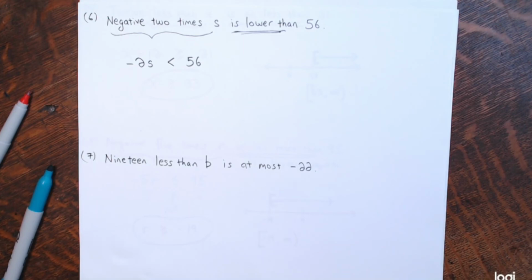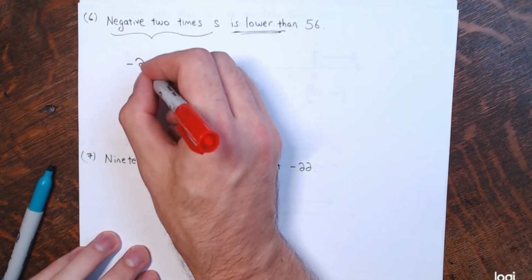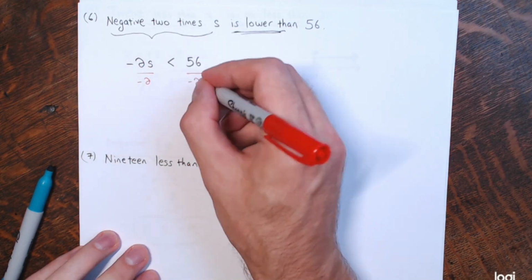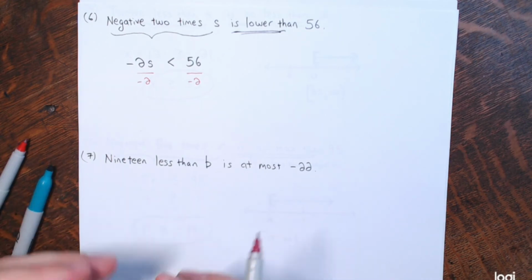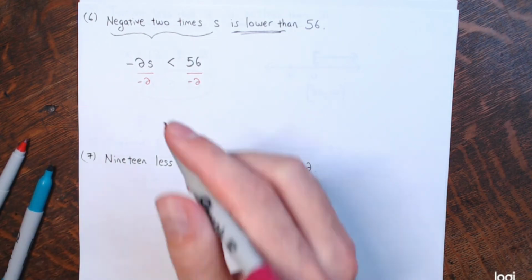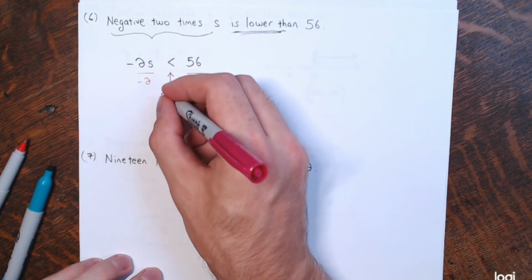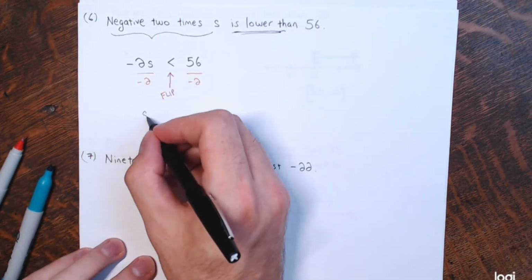All right, and then to solve for s, this is multiplied by negative 2, so to undo that, divide by negative 2 on both sides. And just as the last example, if you multiply or divide both sides of an inequality by a negative number, that changes the direction of the inequality. You're going to flip the symbol. So left side is s.